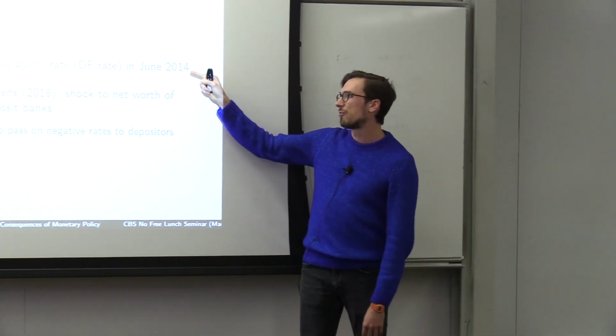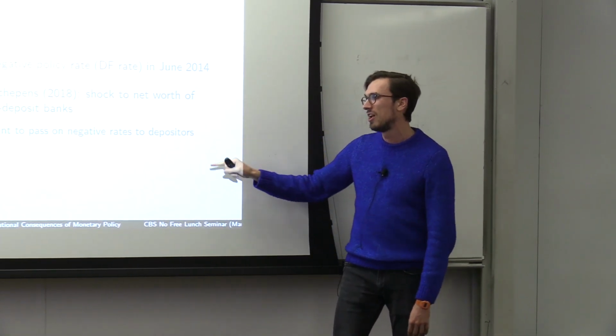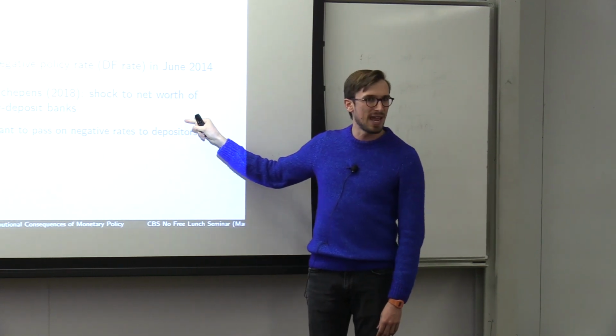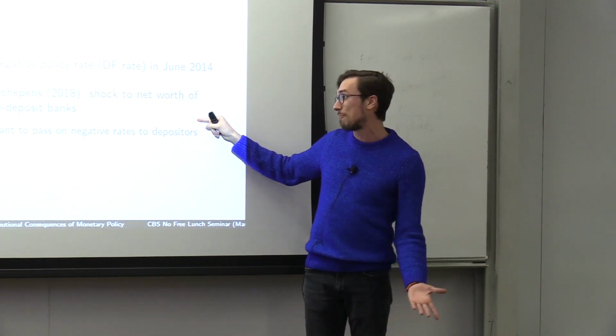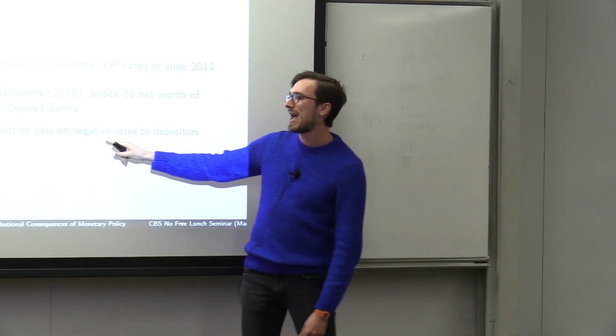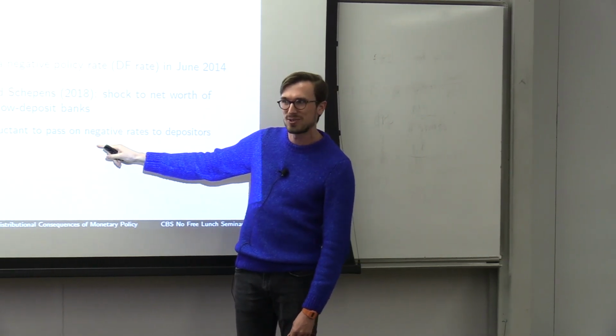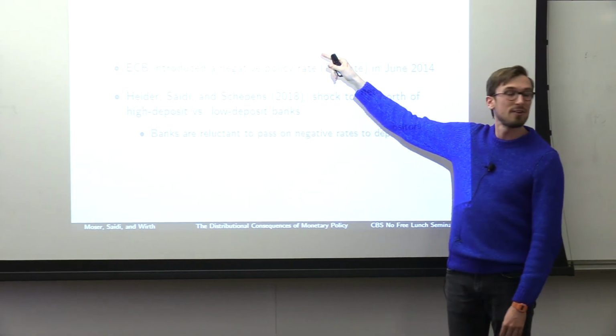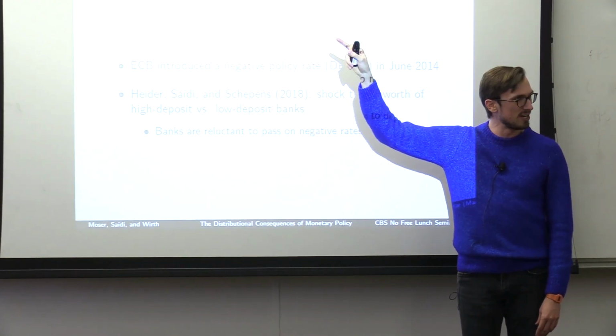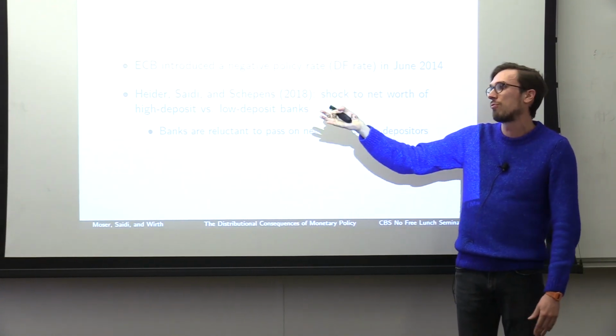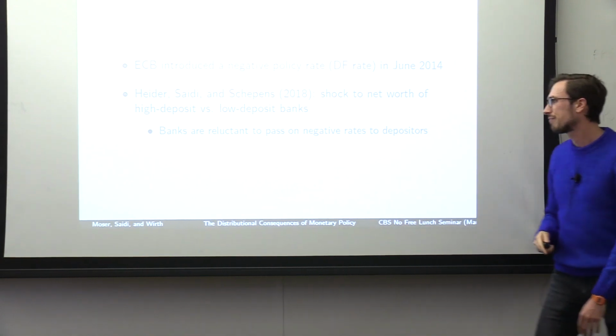Now, why are negative rates somewhat special? It turns out commercial banks are somewhat reluctant, or in practice unable, to pass on negative rates to us, the consumers, which is quite different to just lower positive rates, which your bank can always say, I'm going to offer you a lower rate as well.